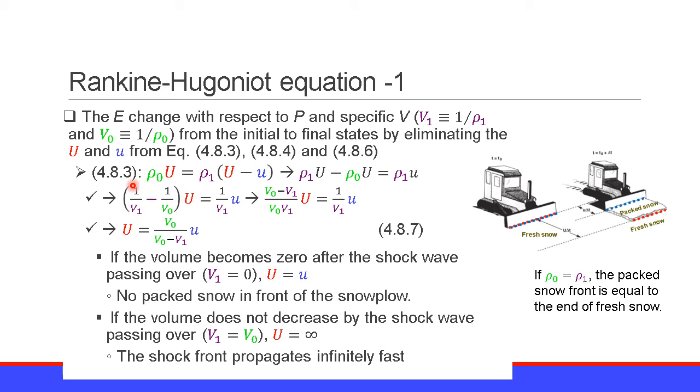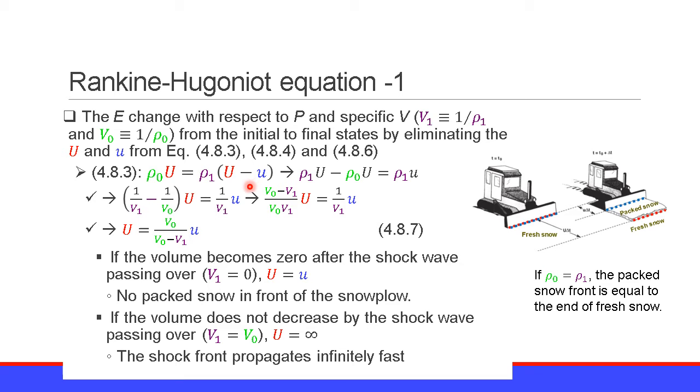First, let us start from equation 4.8.3, which is rho 0 times the shock velocity U is equal to rho 1, the density after the shock, times the shock velocity minus the particle velocity.